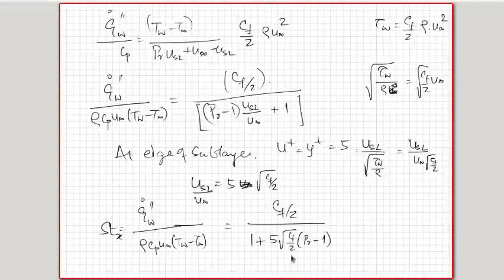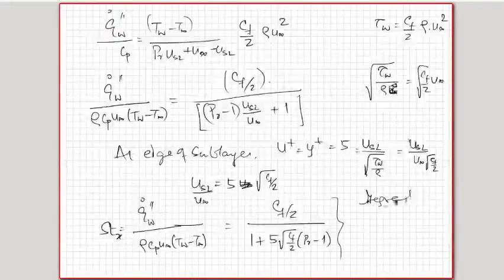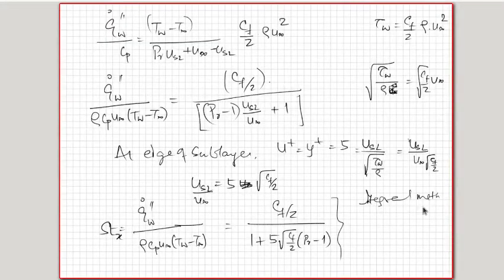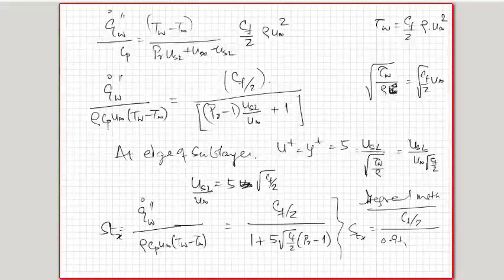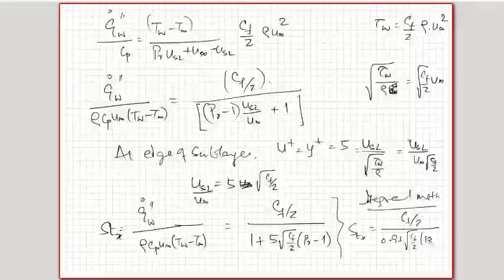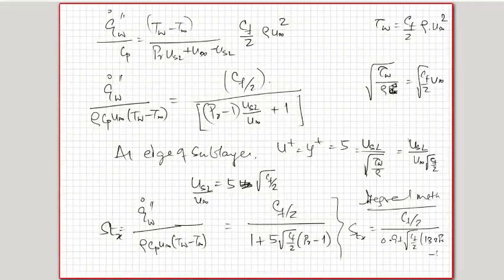You recall in the integral method we had a very similar expression. We had obtained St_x equal to Cf_x by 2 divided by 0.9 plus square root of Cf by 2 multiplied by 13.2 Pr minus 10.25.